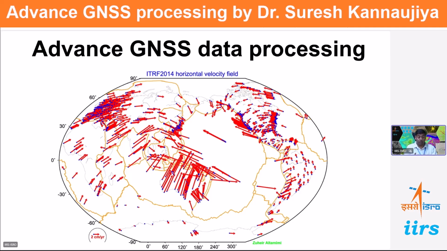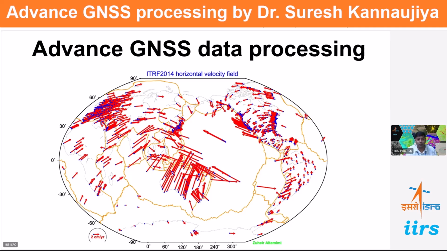It is mainly seen at the convergent, divergent, and transform boundaries. You see the consequence of the plate movement. This is very important, but it is not only limited to crustal deformation or geodynamics. We are using it for land subsidence, landslide, and mass movement. Then there are some more applications for this millimeter accuracy.